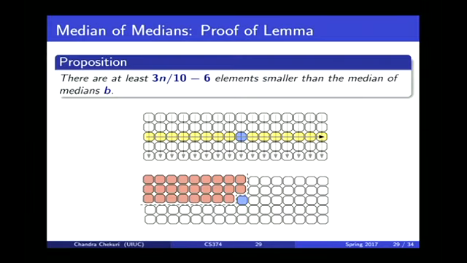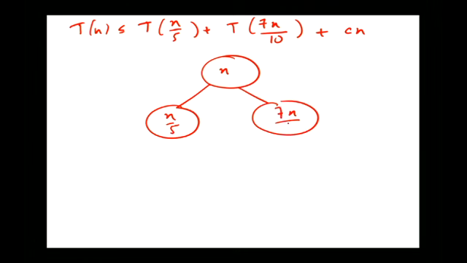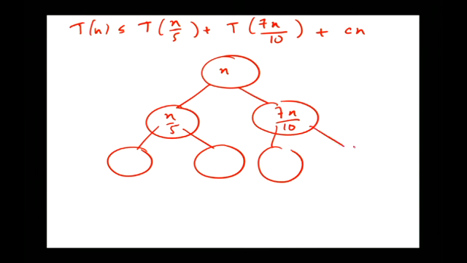What did I do? T of n is less than T of n over 5 plus T of 7n over 10 plus some c times n, where c is some constant, and T of 1 is okay. Whenever we have recursion, we draw the tree. Here we have 7n over 10, and then what happens here? n over 25.